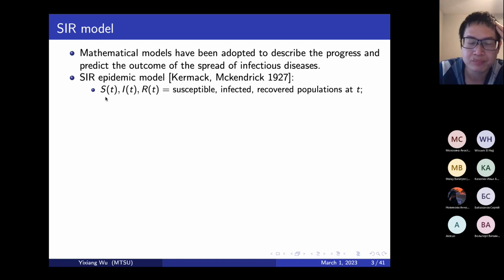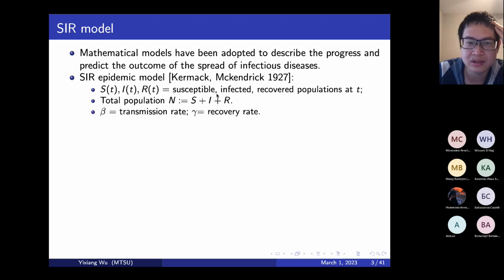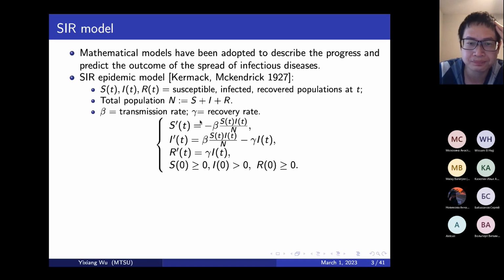In the paper, they define SIR to be susceptible, infected, recovered populations at time t, and then they let capital N be the total population, beta and gamma be the disease transmission and the recovery rates. Then they propose this simple ordinary differential equation model.